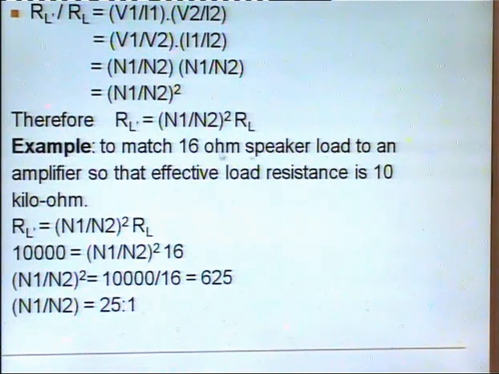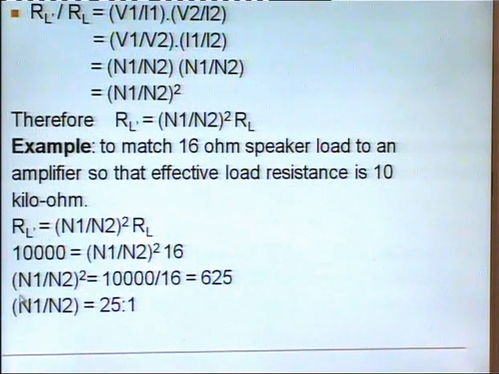Now, an example to understand it very clearly: if we want to match a 16 ohm speaker load to an amplifier so that the effective load resistance is 10 kilo ohm. Just substituting these values into the formula, RL dash is equal to (N1 by N2) square into RL. 10 kilo ohm is your RL dash, it can be written as 10,000, and 16 ohm is RL.